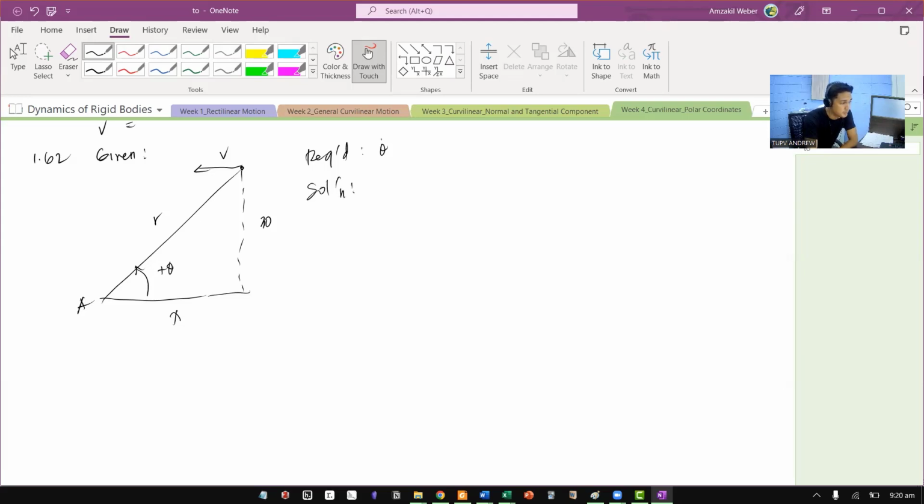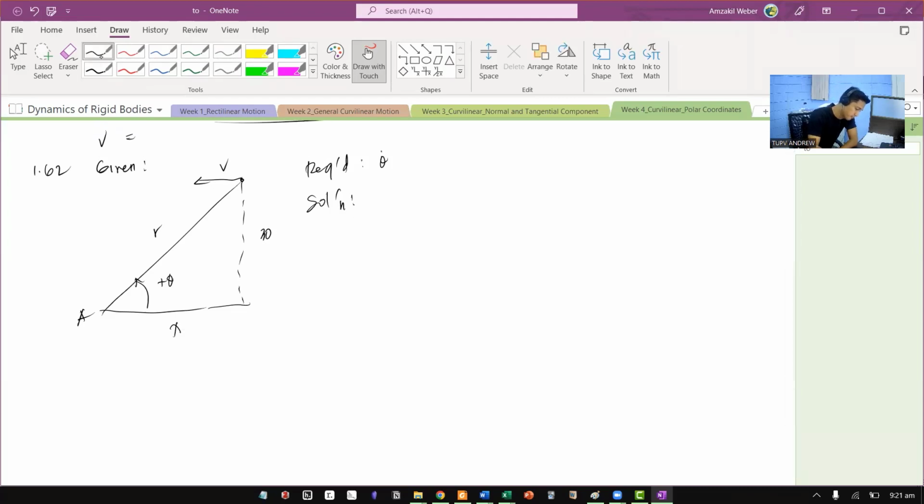Let's try using a geometric relation, a formula from trigonometry, if we can find something. The 30 meters is constant. So if we use sine, sine theta equals 30 over r, so r sine theta equals 30.